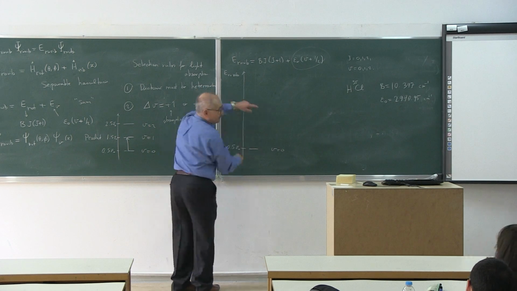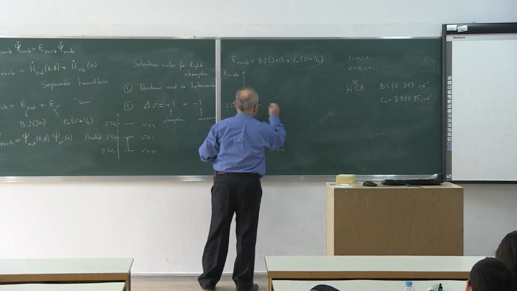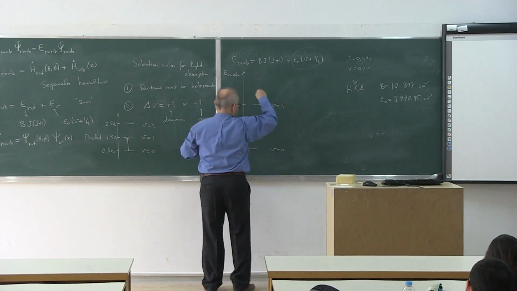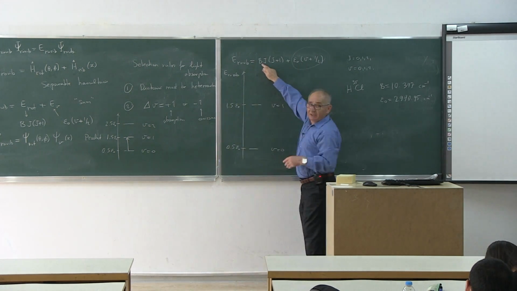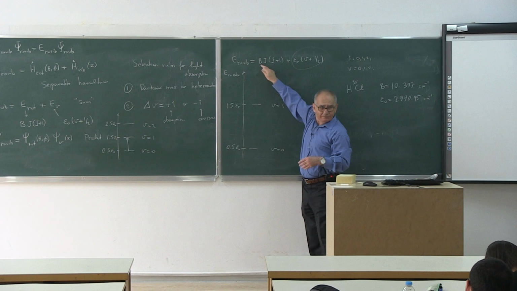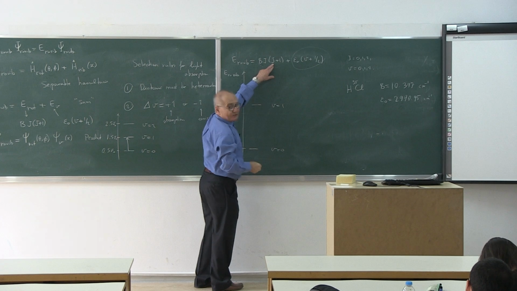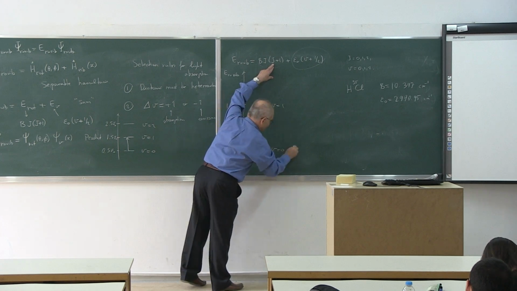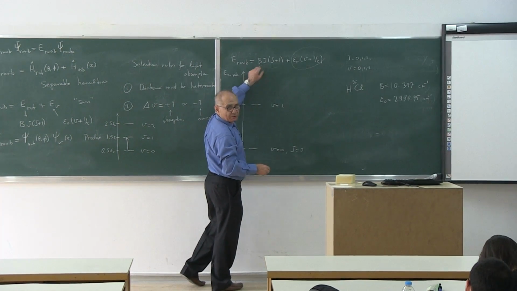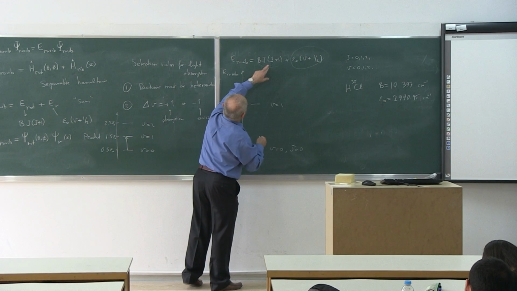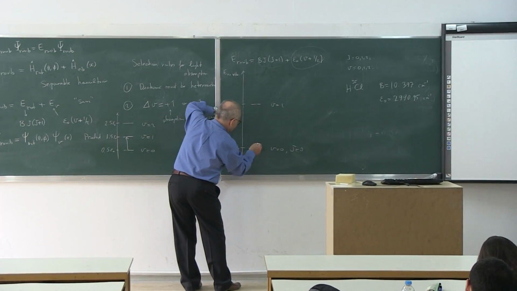This difference is 3000 in wave number units. Now, because B is very small, you add up this part. For J equals 0, it has no contribution, because when J is 0, this is 0. For J equals 1, it is 2B, so there is a level here.